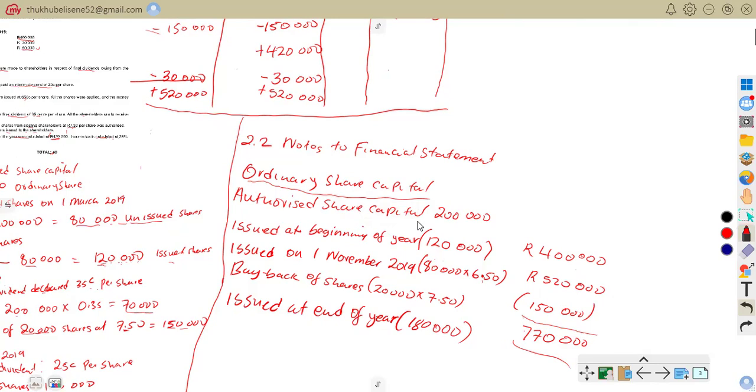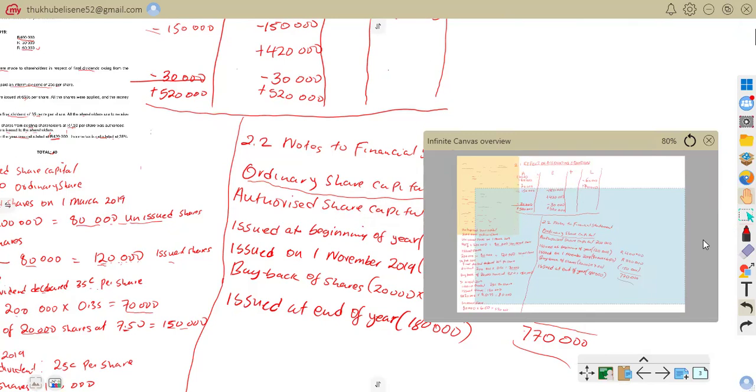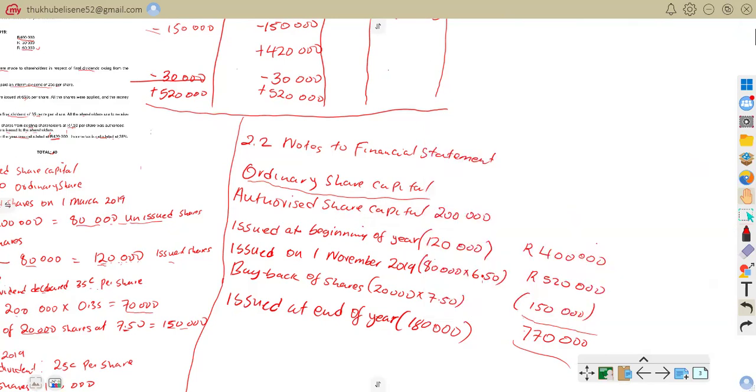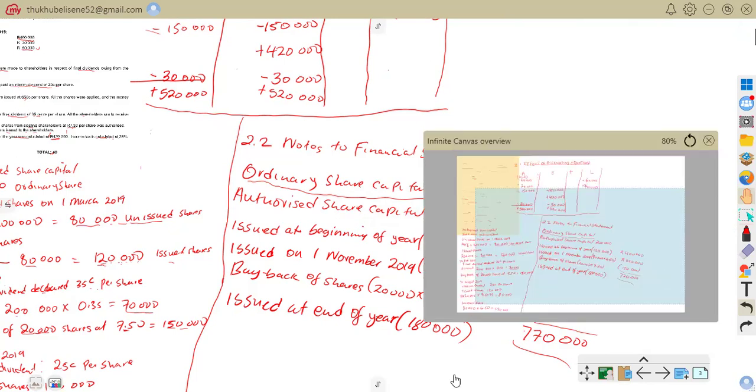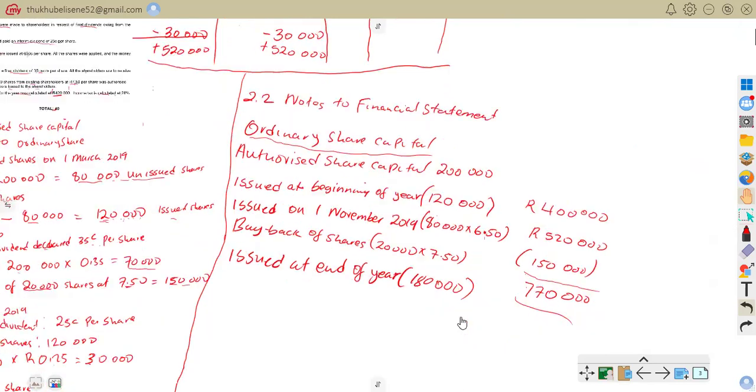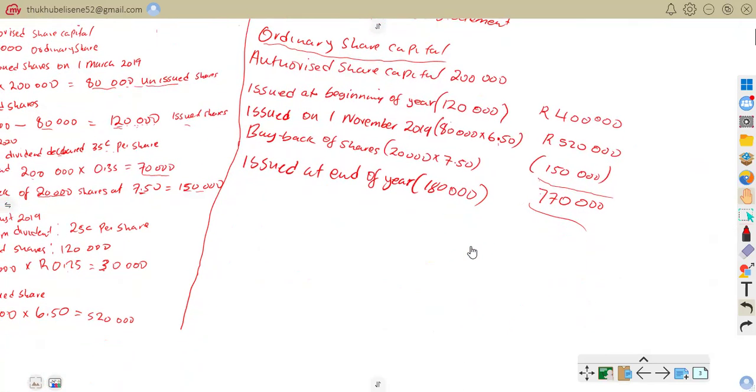Hope you understand it. We are also asked to calculate the retained income now. So now we are doing the retained income note.